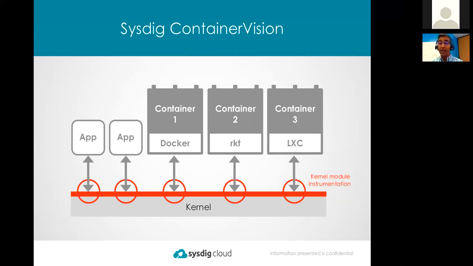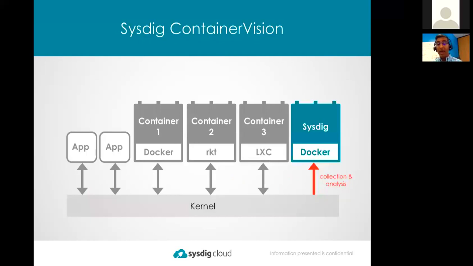What do we do with all of that information? It all gets passed back into the Sysdig agent container, and that's where we collect the data. We do some processing there, and we send those metrics to our backend. That backend, of course, is where you're going to visualize that data, troubleshoot with it, and alert on that data. That backend could be running in one of two places.